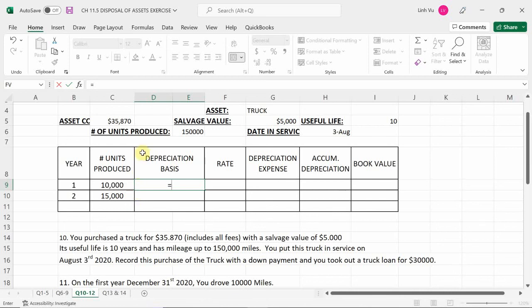Will it be 10%? We're not solving for the rate right now. We're solving for the basis. What's my depreciation basis going to be?